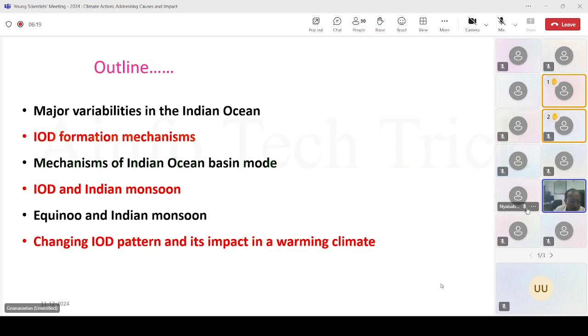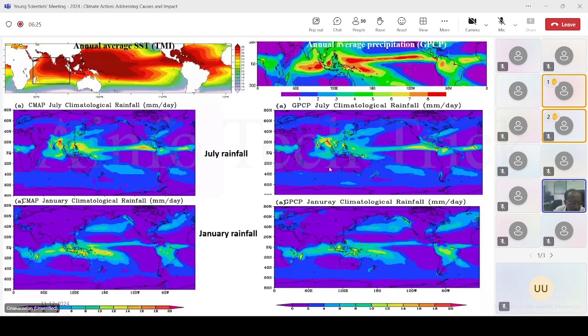See, if you look at this, the top one is the annual mean sea surface temperature. You can see the warm Indo-Pacific water that is getting expanded in the recent years towards west and making the Indian Ocean more and more warm. And right top is the annual precipitation.